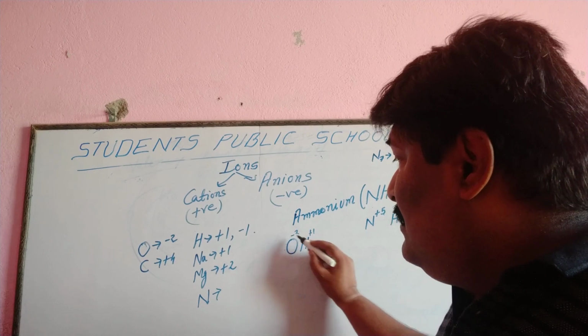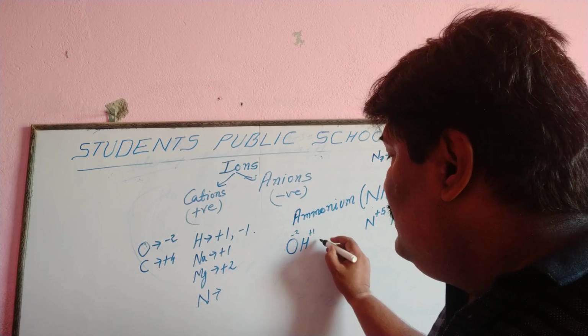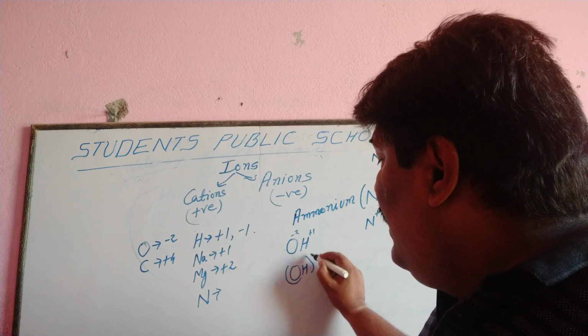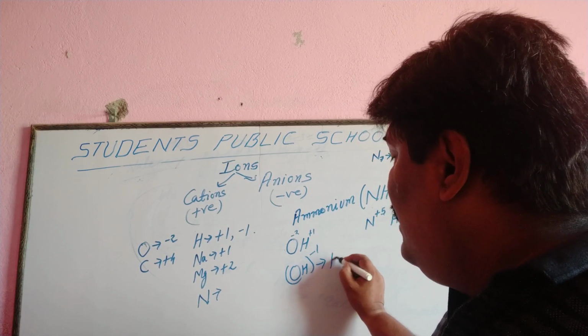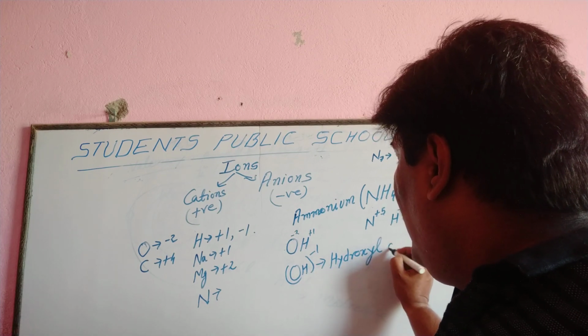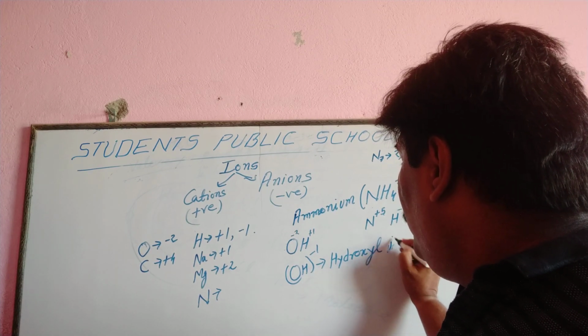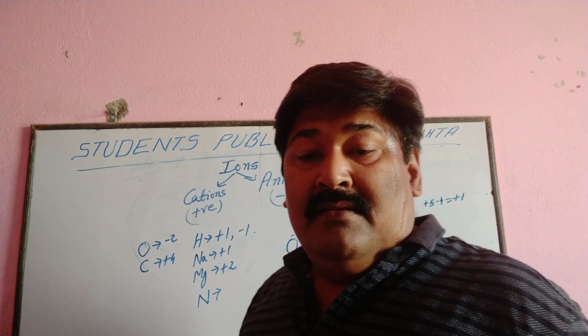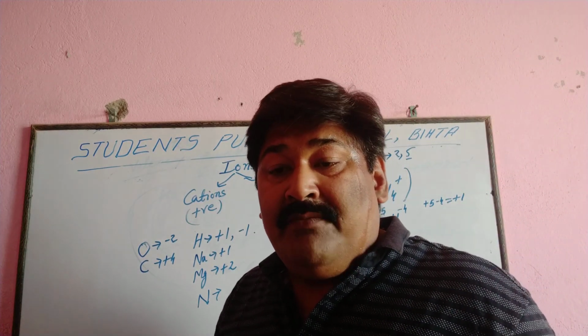Hydrogen plus 1 charge. Then minus 2 plus 1, that will become minus 1. So OH has minus 1 charge. This is known as hydroxyl ion. This is a polyatomic ion. Ammonium ion, hydroxyl ion. Many types of ions are there.